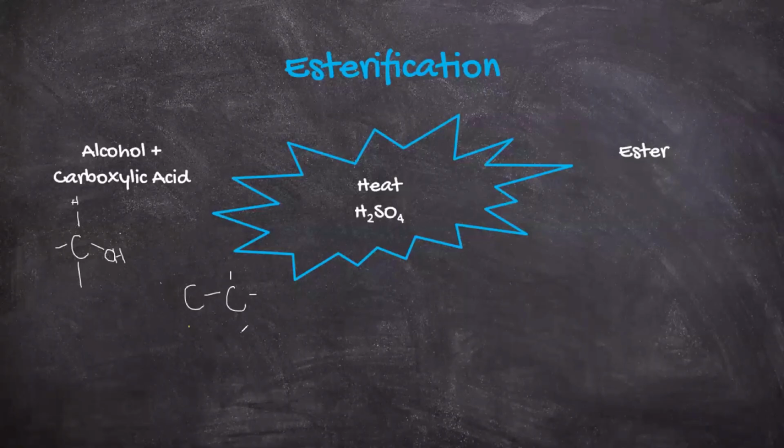If I don't put anything on the side of the bond, it's a hydrogen, because otherwise I will be here forever drawing hydrogens and we'll never get anywhere. So we have methanol and we have ethanoic acid.